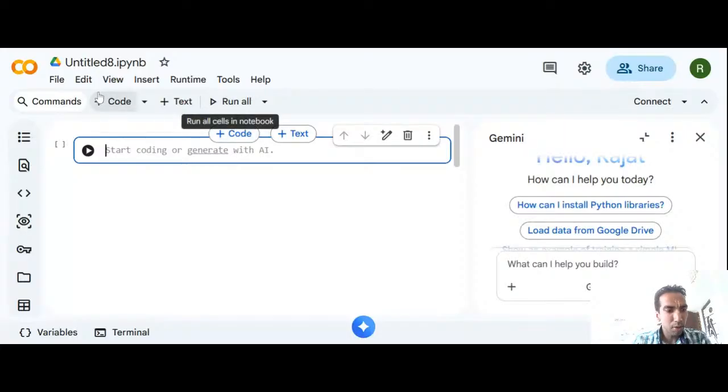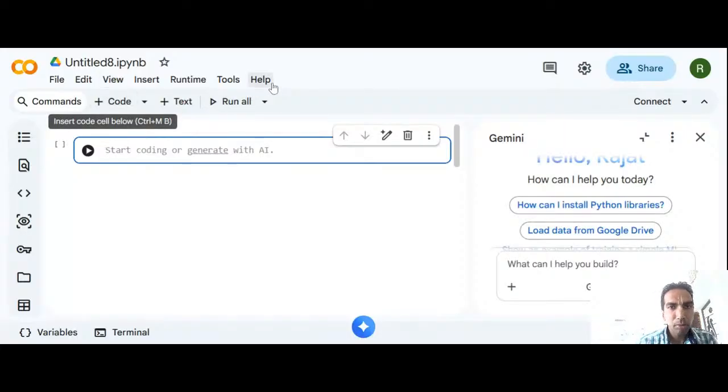Are you able to see my Colab, or is it something else?